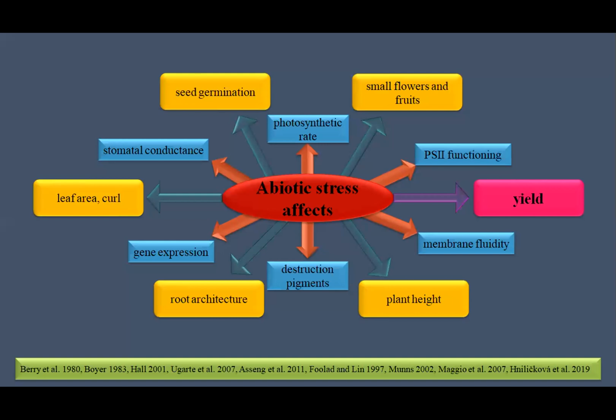So all these abiotic stresses, in terms of physiological processes, are affecting stomatal conductance, photosynthetic rate, photosystem 2, membrane fluidity, pigment and gene expression, and they are affecting the flower, fruit, seed germination, leaf area, root architecture, and plant height, and ultimately the yield is affected, right?